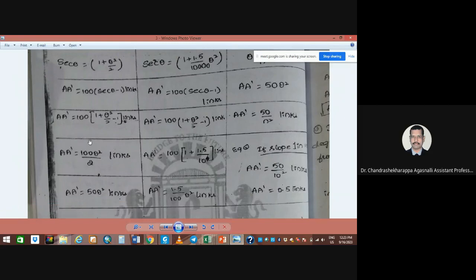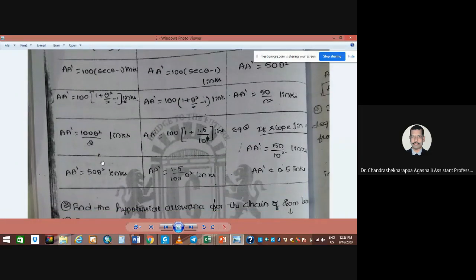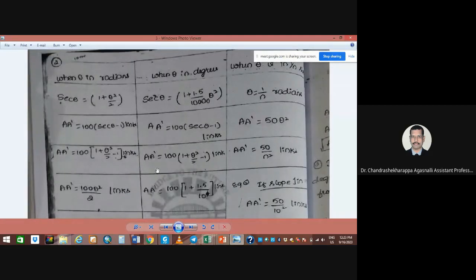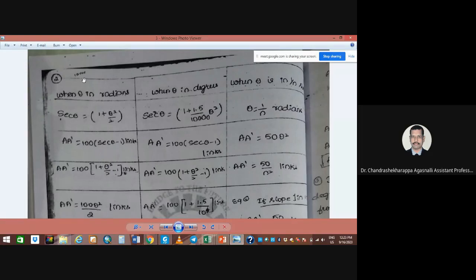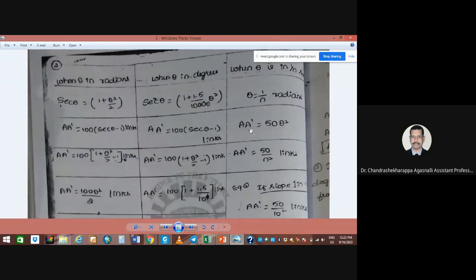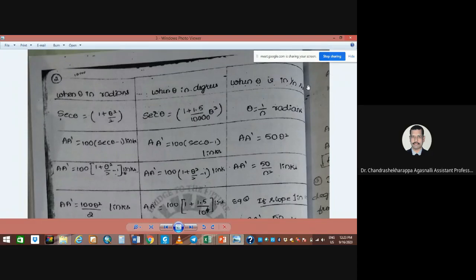Another formula: a dash is equal to 100 times (1 plus theta square by 2 minus 1). So a dash is equal to 100 theta square by 2 lengths. As required, we can use it; there is no need to use all in one problem. Secant theta is equal to 1.5 by 10,000. It depends. So these are some of the formulas for when theta is in degrees, in radians, or in slopes.